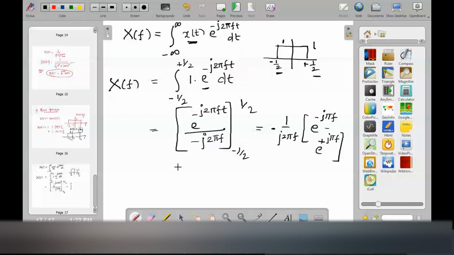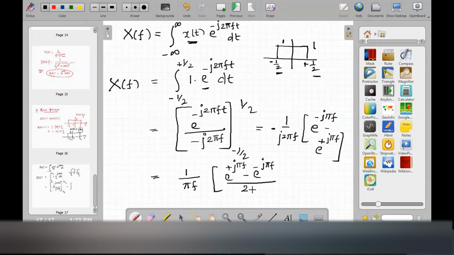So I can write it as 1 by pi f, and this as e to the power of j pi f minus e to the power of minus j pi f divided by 2j.